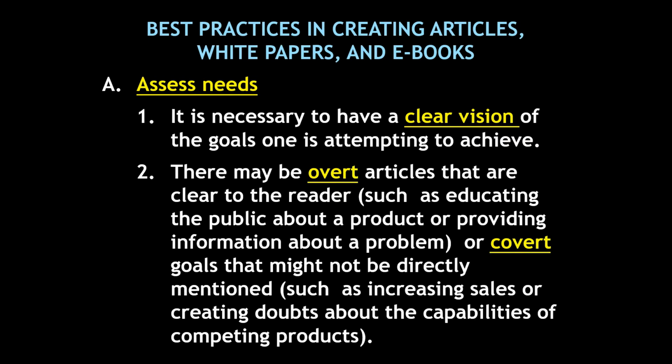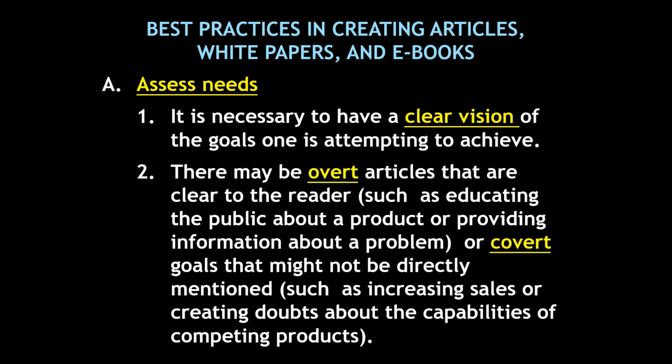There may be overt goals that are clear to the reader, things like educating the public about a product or providing information about a problem. Those things are going to be very plain as you read through a particular document. Or the vision may be more covert in its goals.